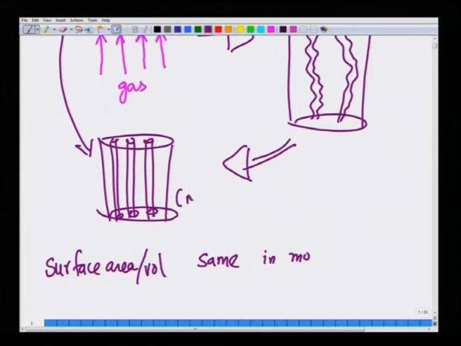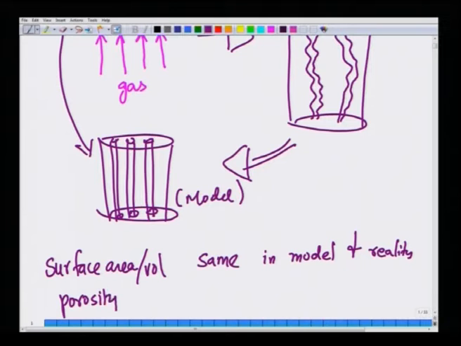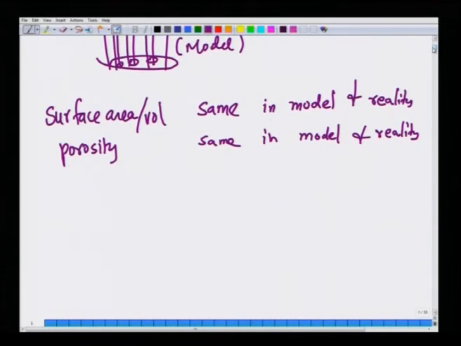Model is this, the bundle of tubes, and reality, and the porosity or the void volume is the same in the model and reality. With these guiding principles, let us move ahead.